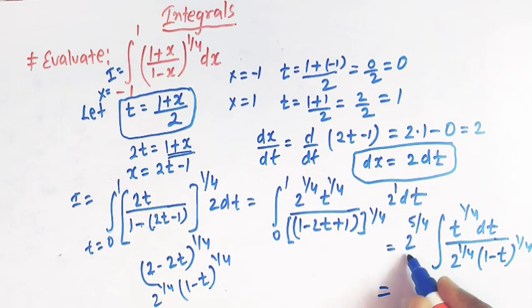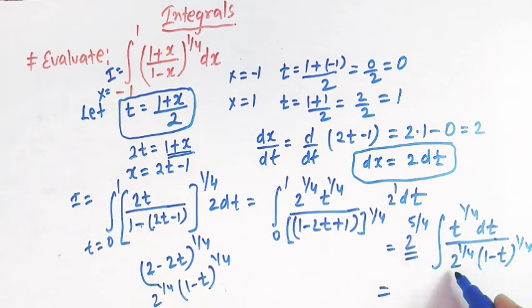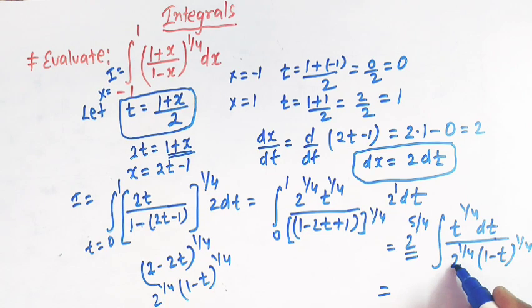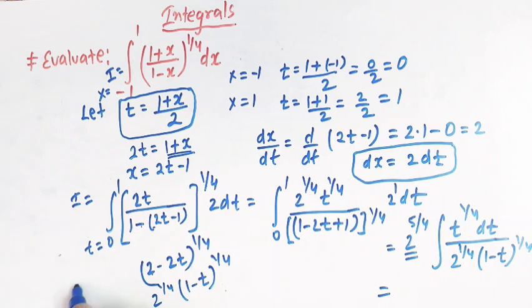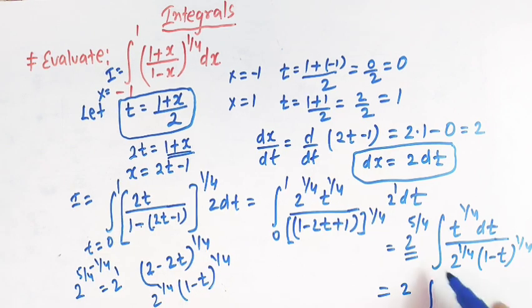Now see, here we have 2 raised to 5 by 4, and 2 raised to 1 by 4. When we take it to the numerator, we have 2 raised to 5 by 4 minus 1 by 4. That is 2 raised to (5 minus 1) divided by 4, that is 2 raised to 1. So here we have simply 2, and here we have the limits 0 to 1.